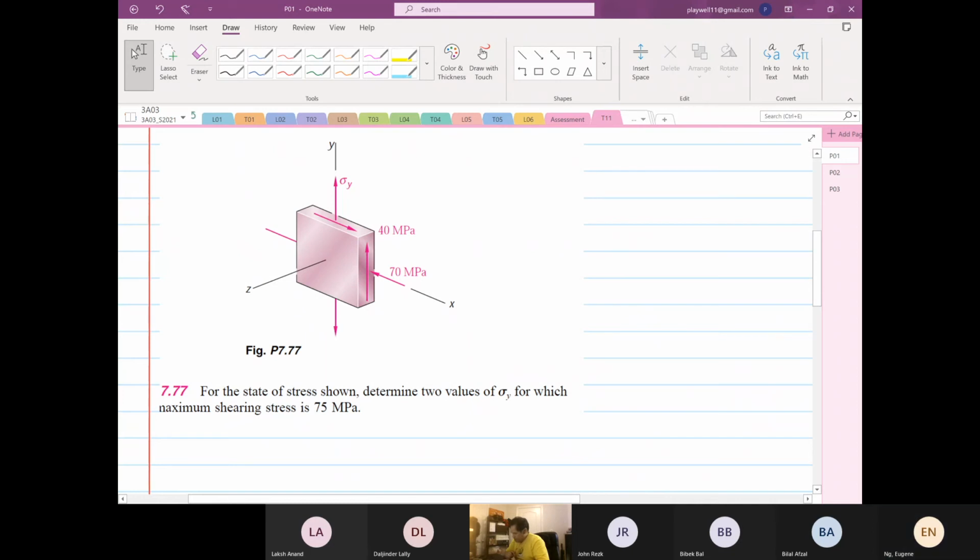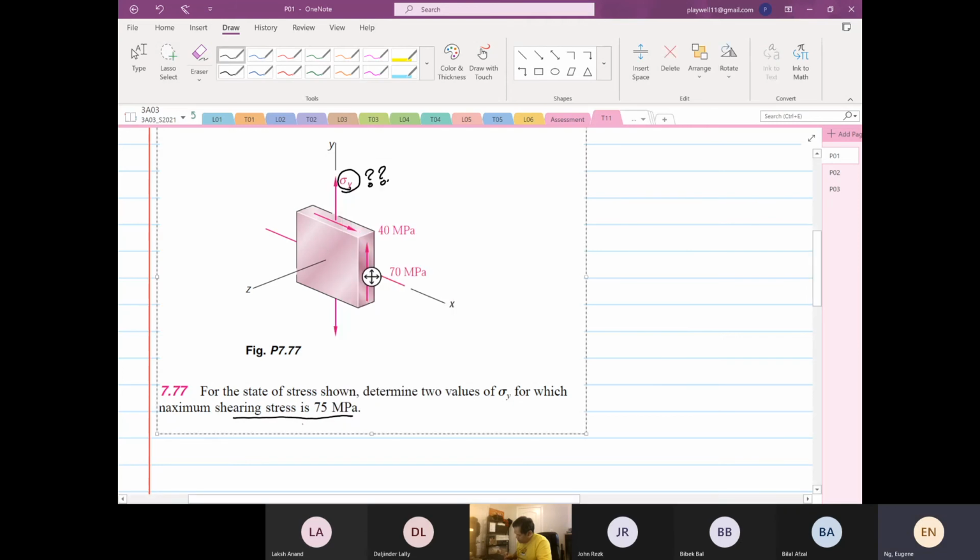We are asked to determine the two values of stress y. We are also given that the maximum shearing stress is 75 megapascal. So this is a 3D problem because you are looking at a 3D structure. So you have X, Y, and Z.